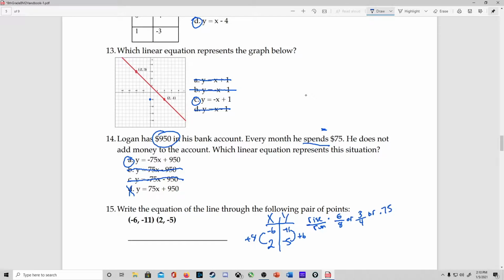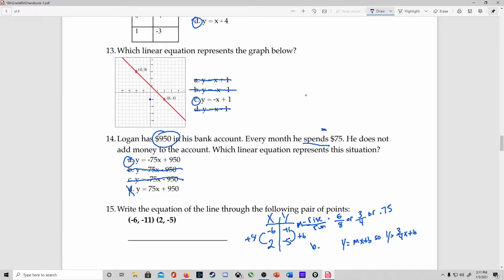Then we have to find the B value, right? Because this is our M value. So now we got to find B, and we can find B by inputting one of these values. So we know that we have y equals mx plus b, and we know m, so y equals 3/4 x plus b.